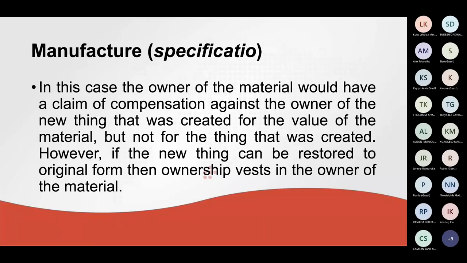But the owner of the material cannot claim for the value of the thing that was created. However, if the new thing can be restored to its original form, then ownership vests in the owner of the material. Please see your study guide for examples.